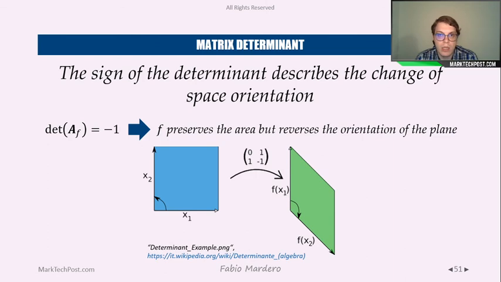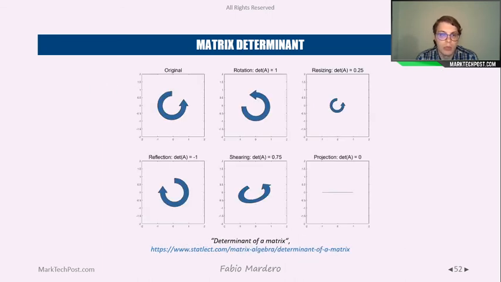This property can be seen in a more direct way, taking a look at this picture. We've seen this circular arrow, which is the anti-clockwise arrow, and is our original picture. If we do a linear transformation with determinant equal to 1, for example, a rotation, the arrow is still anti-clockwise.